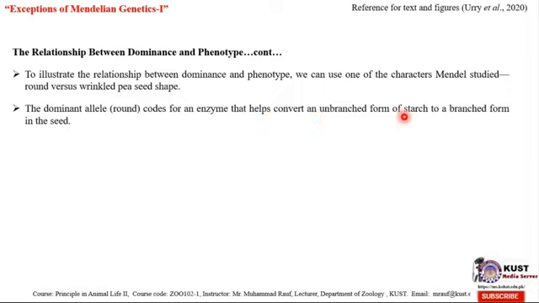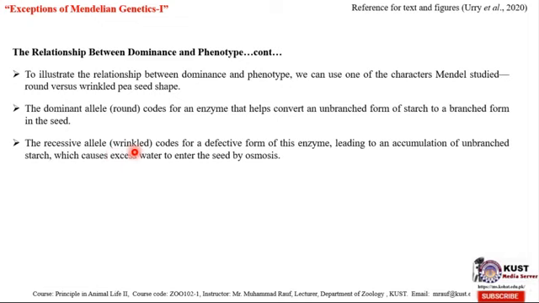The recessive allele, which determines the wrinkled shape, codes for a defective form of this enzyme, and therefore it is unable to convert the unbranched form of starch to branched.